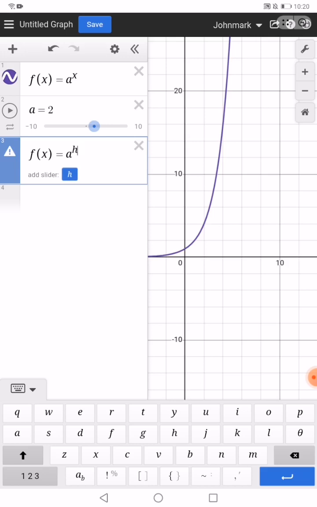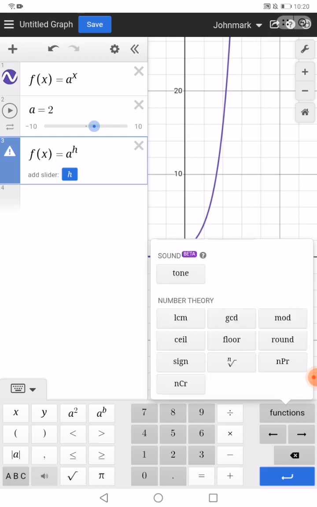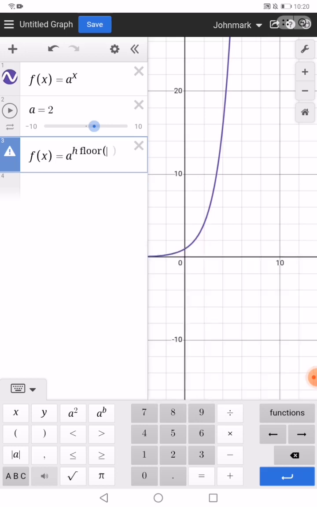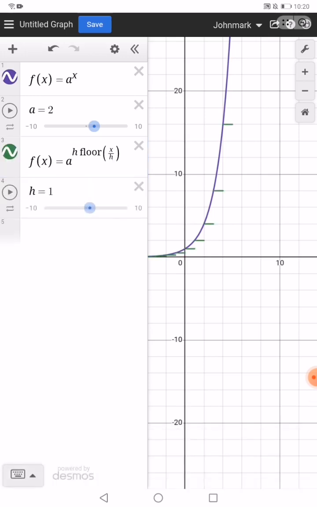So we have h, and then the floor of x divided by the desired length h. Then we'll put some h length. You can see that our exponential step function follows exactly the nature of how this continuous function increases.